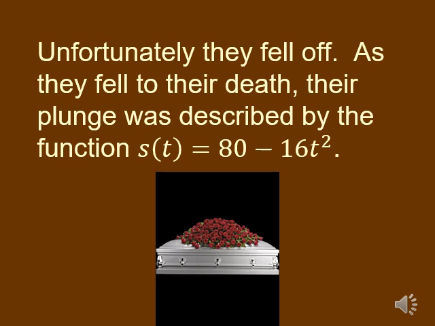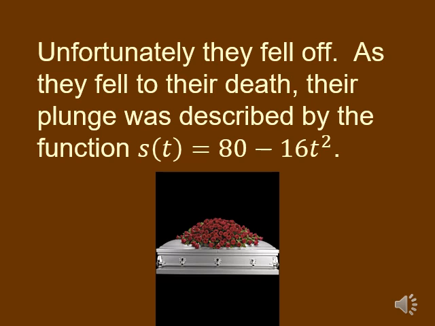As they fell to their death, their plunge was described by the function s of t equals 80 minus 16t squared. Now, while you don't really need to know it, something that does come out of these functions, that constant that you see at the beginning, is just telling you the height you start at. This would basically be saying the light tower is 80 feet off the ground.